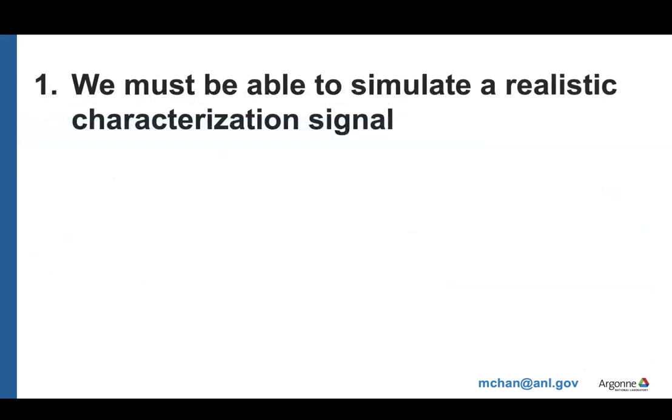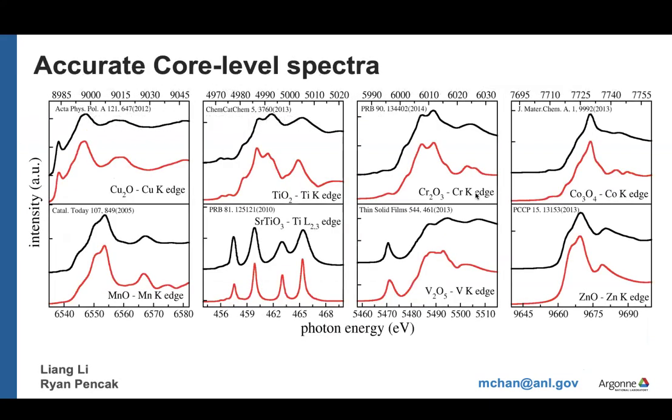That's what we have embarked on in the past 5 or 6 years. This whole inversion of characterization data uses a combination of computational simulations, AI/ML, and of course the experimental data itself. So the first step is that we need to be able to simulate a realistic characterization signal.